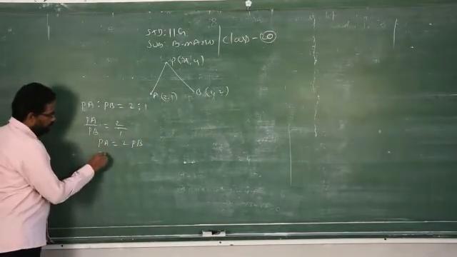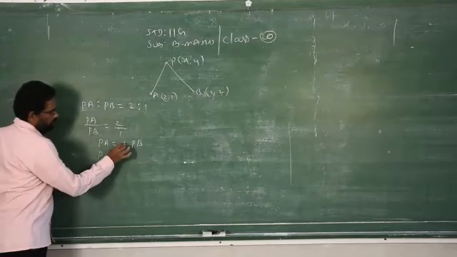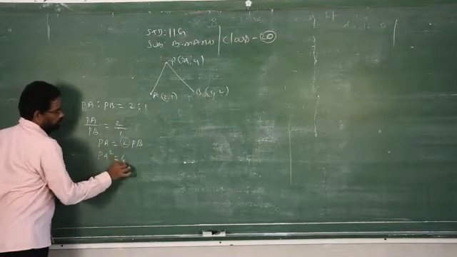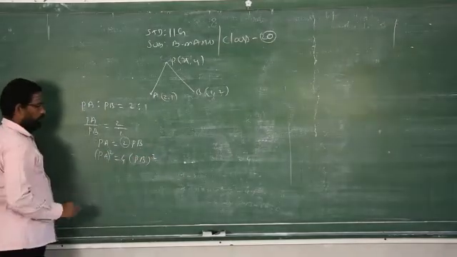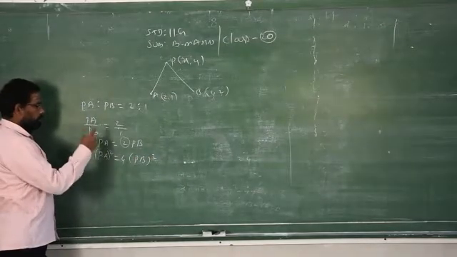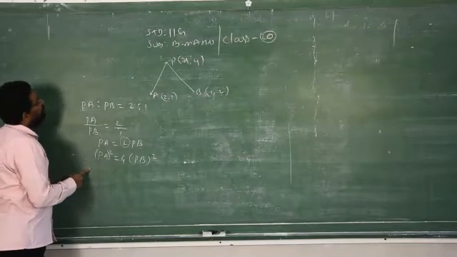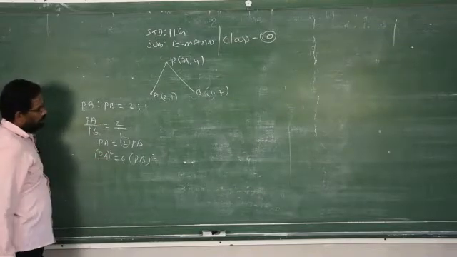So when I am squaring on both sides, PA square is equal to the square of 2, which is 4, times PB square. Now when I am using the distance formula, I don't want to use the square root symbol, because square and square root get eliminated.